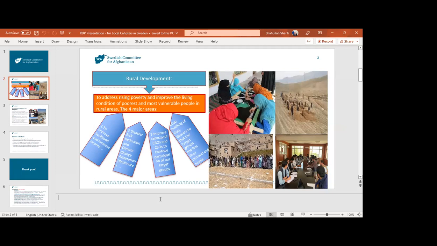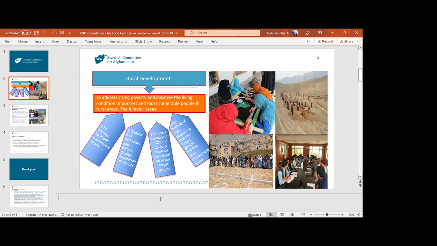The first area is about livelihood, to improve the livelihood of our target groups in the rural areas, where we simply start with forming some saving groups, and then among them introduce some producer groups.